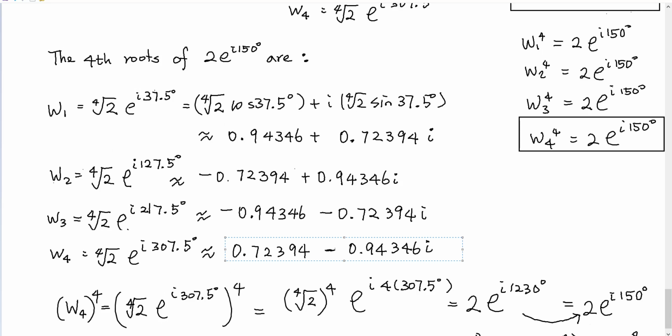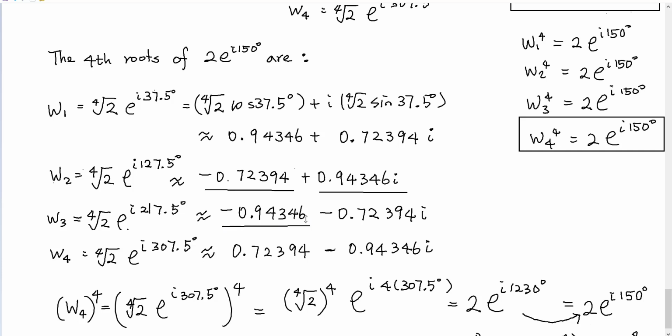Since they are 90 degrees apart, x and y get swapped. So make sure you are doing this right. This one is the fourth root of 2 times cosine 127.5, and this one is the fourth root of 2 times sine 127.5.